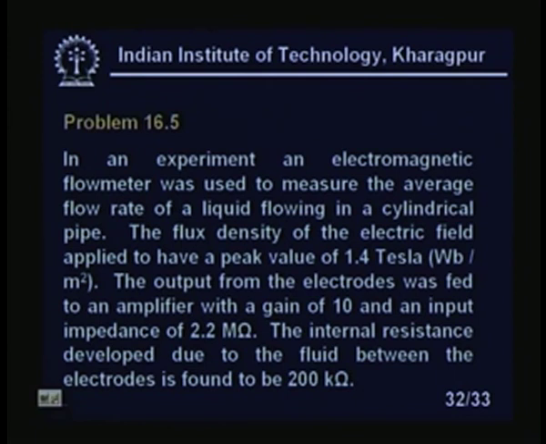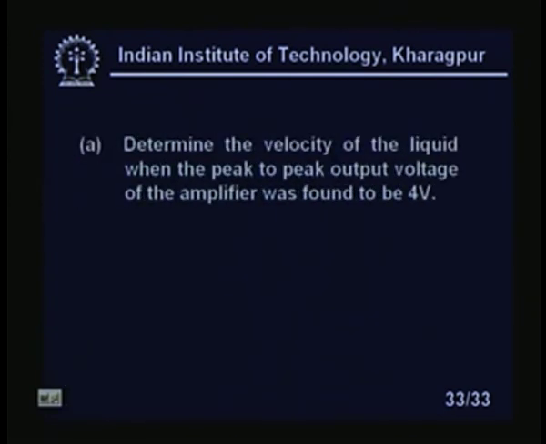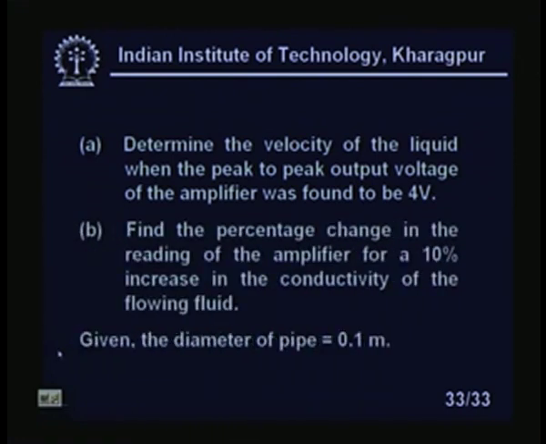The internal resistance developed due to the fluid between the electrodes is found to be 200 kilo ohm. Determine the velocity of the liquid when the peak to peak output voltage of the amplifier was found to be 4 volt, and find the percentage change in the reading of the amplifier for a 10% increase in the conductivity of the flowing fluid, given the diameter of the pipe as 0.1 meter.